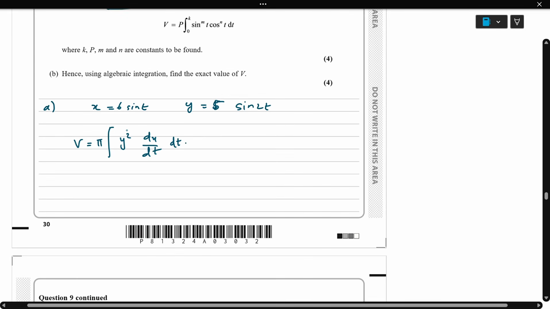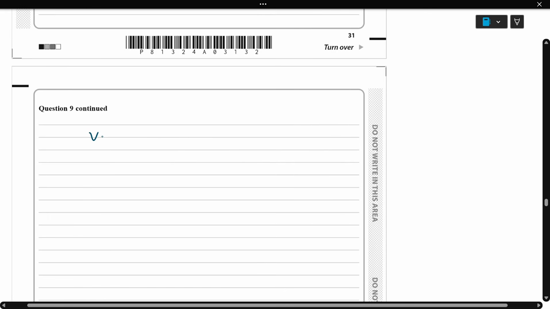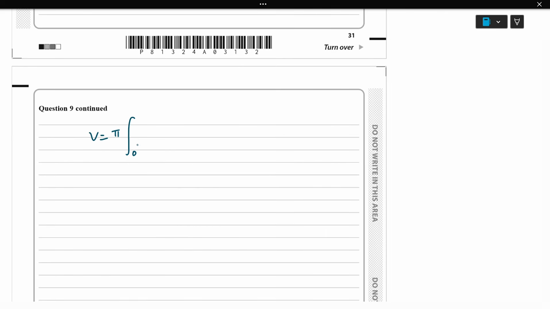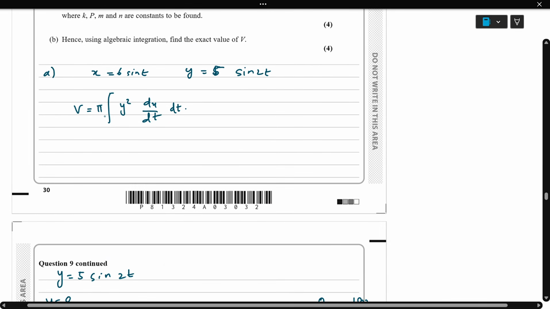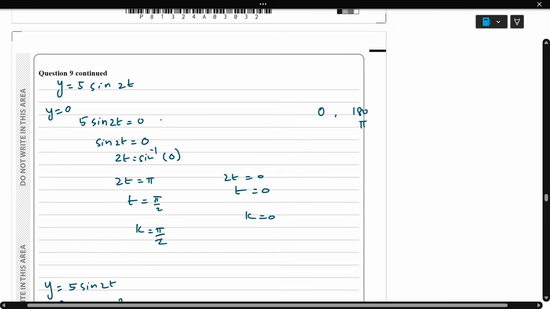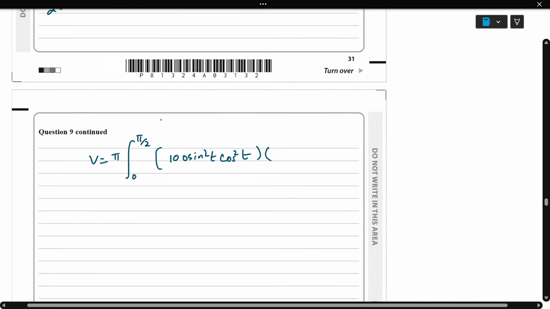So volume equals pi into the integral, and we know the limit, which is 0 to pi by 2, of y squared, which is 100 sin squared t cos squared t, into dx by dt, which we found is 6 cos t, into dt.